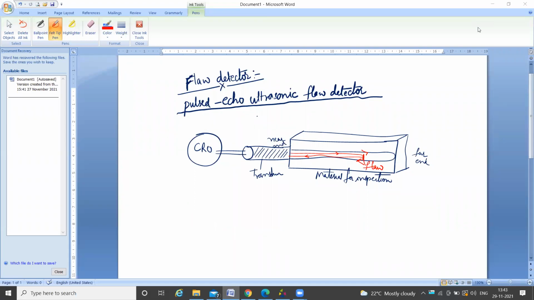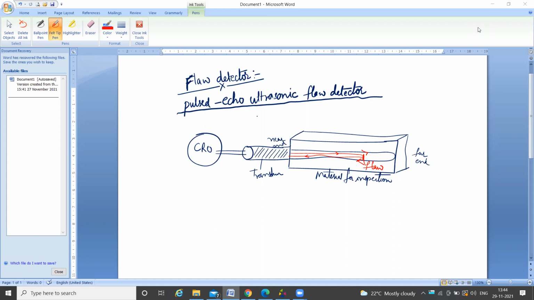Afternoon, everyone. Today we are going to deal with the pulsed echo ultrasonic flaw detector. The basic application of this flaw detector is that we send ultrasonic pulses into materials for inspection of steel, aluminum, and brass articles.